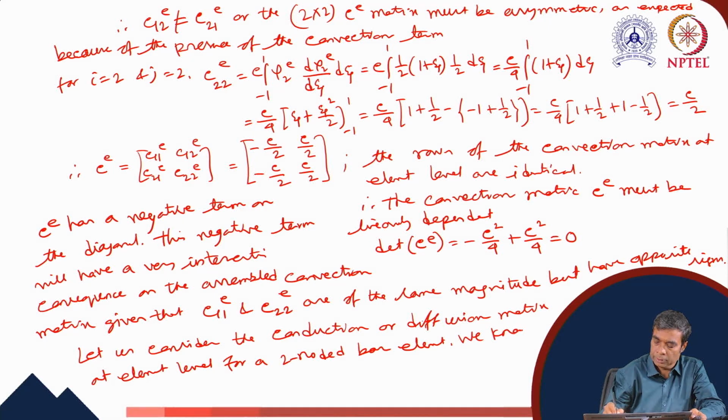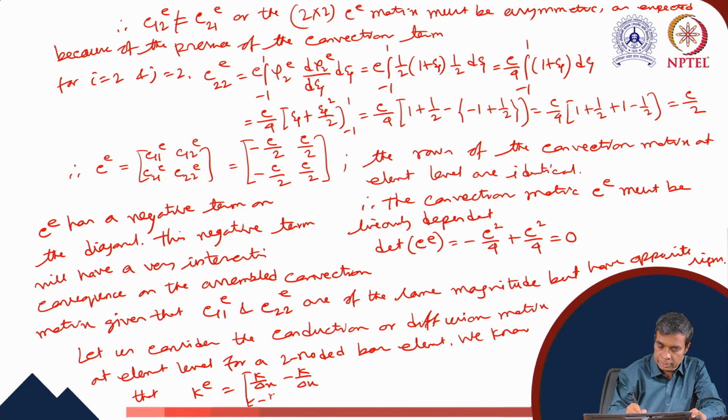We know that Ke equals K by delta x, minus K by delta x, minus K by delta x and K by delta x.